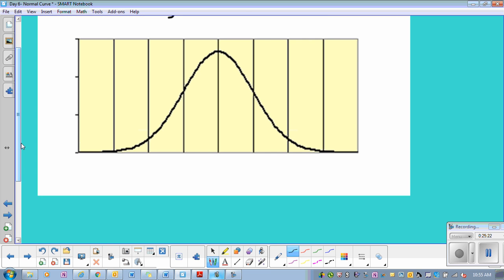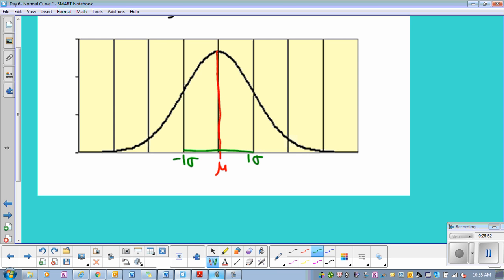Of course we know that right in the middle is our mean. So one above and one below. This whole thing is how much percent-wise, according to the empirical rule? Around 68%.